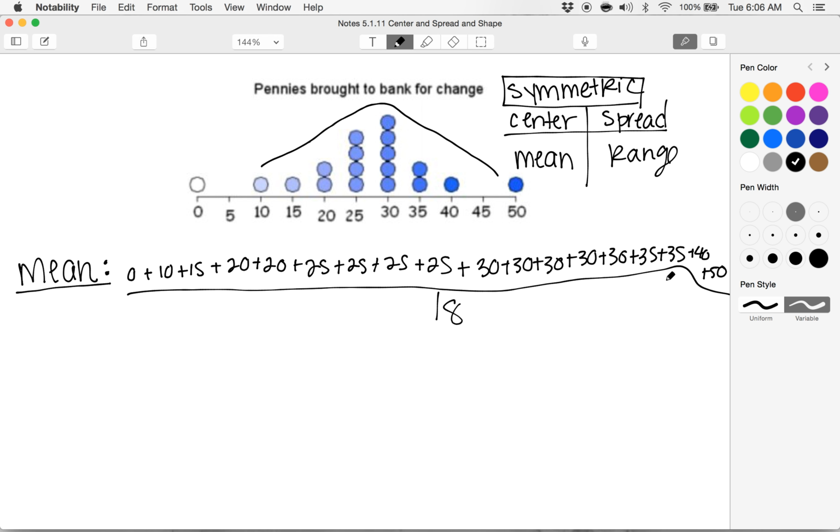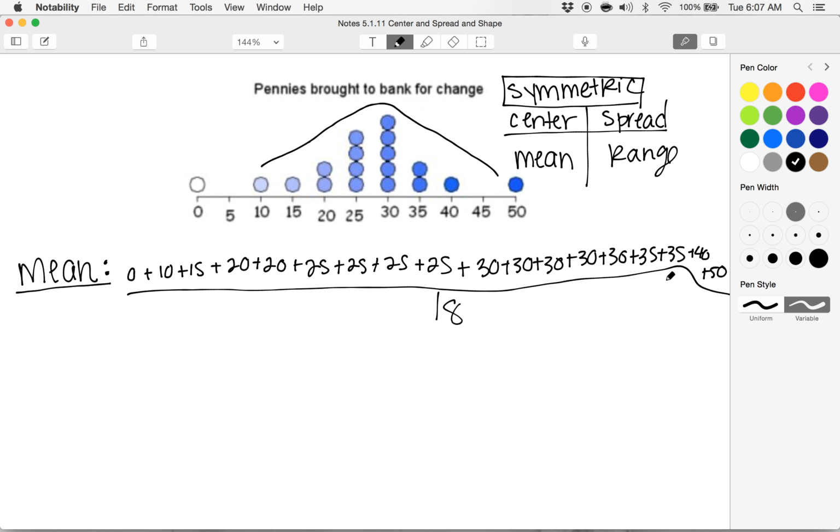Actually, let me make sure I did 5 of those. 1, 2, 3, 4, 5. Yep. Just checking because we've got so many numbers. If you need to go back and double check, you go back and double check. Plus 35 plus 35 plus 40 plus 50.